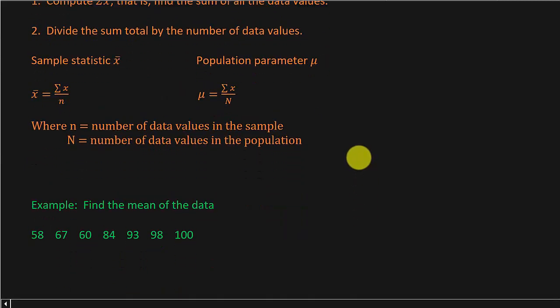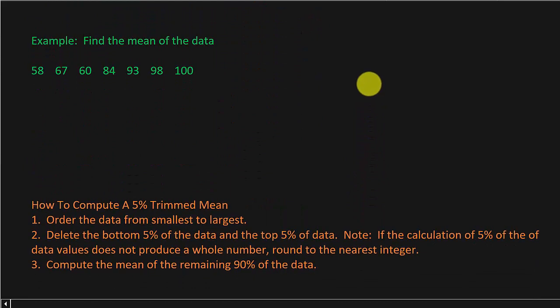All right, so let's look at this. Find the mean of the data. So the mean, x bar, is equal to 58 plus 67 plus 60. I'm not going to write it out like this every time, but I will on this example.